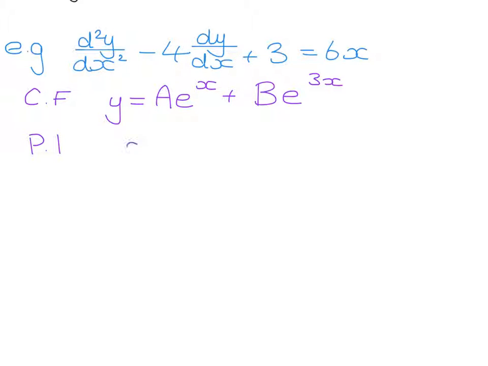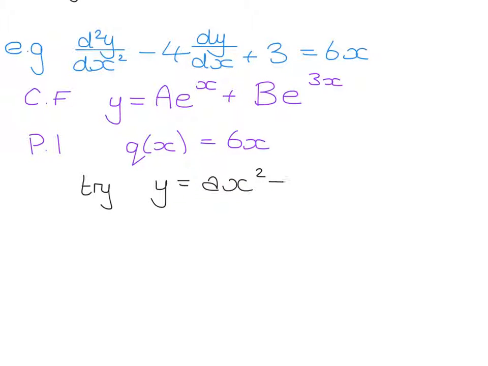Here we have that q of x equals 6x. This is a polynomial, so we can try a function f of x which is also a polynomial of the same degree as the ODE. So let's try y equals ax squared plus bx plus c.